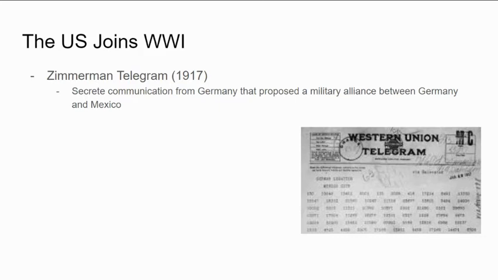The idea that gets proposed in this telegram is that if the United States enters the war against Germany, Mexico, in their secret alliance, will then attack the United States. The idea is that the U.S. won't be able to focus on warfare and battles in Europe because they're going to be defending their own territory. In exchange for this alliance, Germany tells Mexico that they could recover Texas, Arizona, and New Mexico if they win that battle and that war.